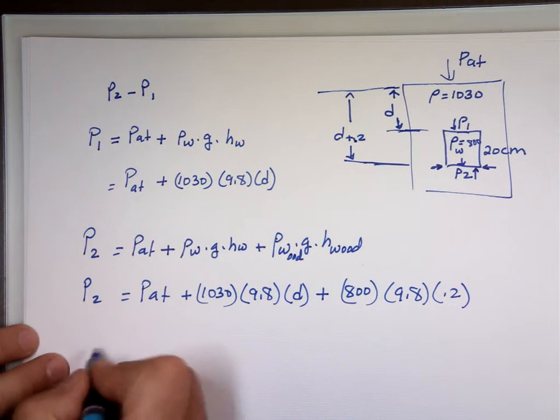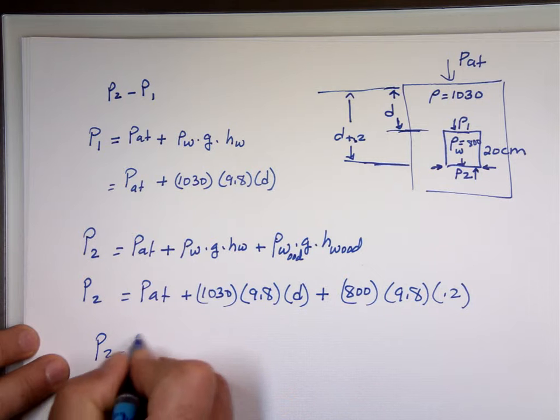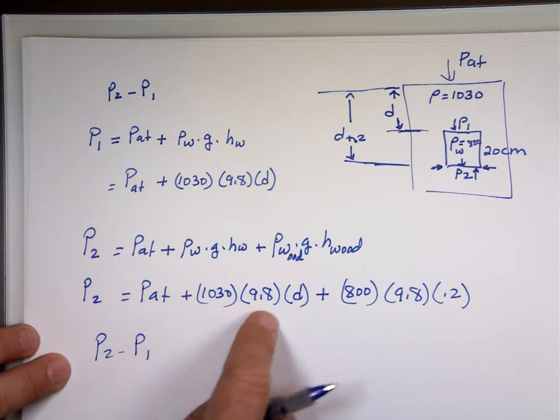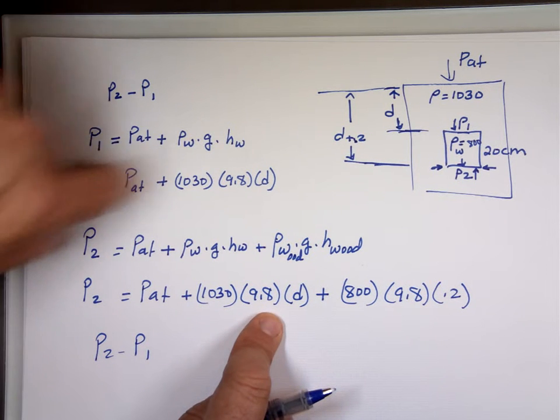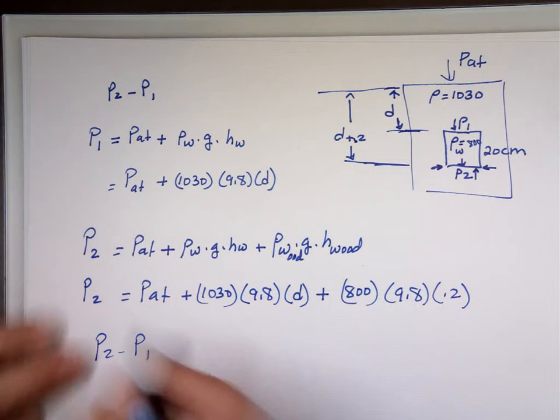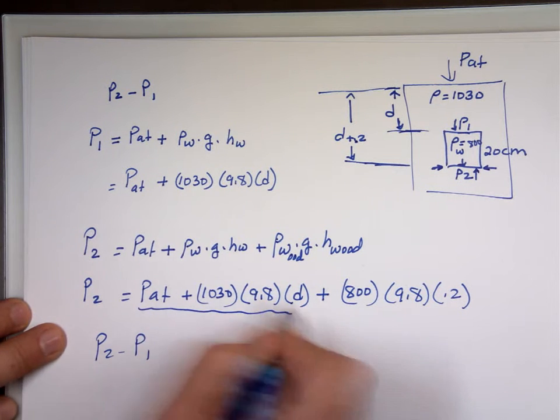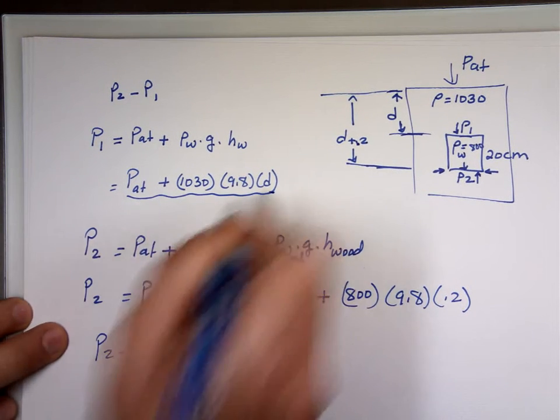So when you try to do P2 minus P1, what's going to happen to the first two values here? They will cancel each other out. Notice these two here are the same.